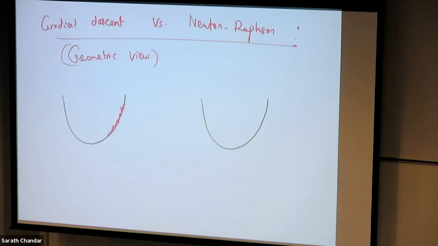So this is how gradient descent behaves. Depending on how big or small your alpha is, you're going to take many, many steps to reach the minimum.